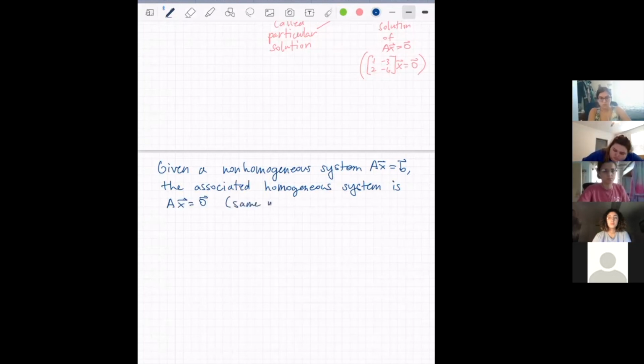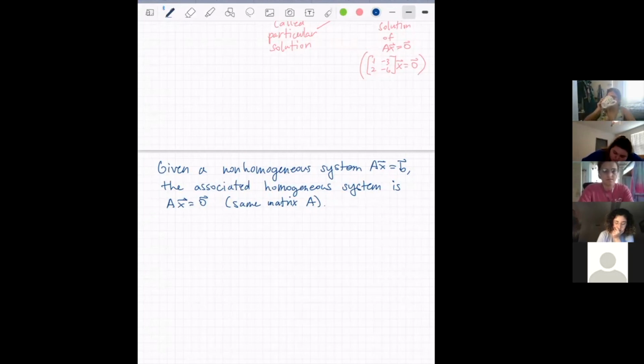Same matrix A, right? Okay, this is the associated homogeneous system.